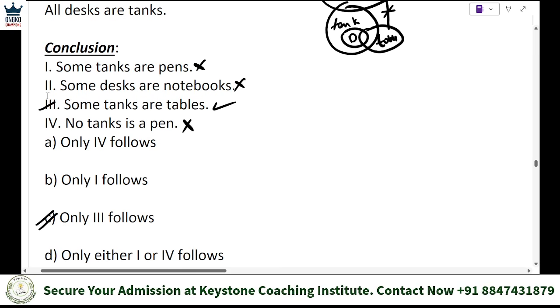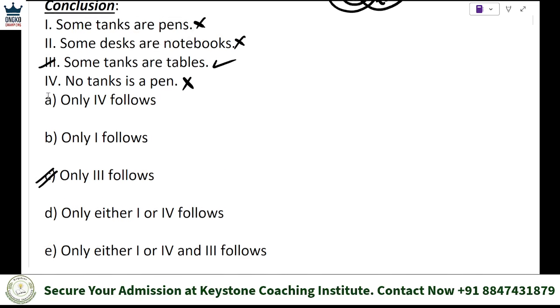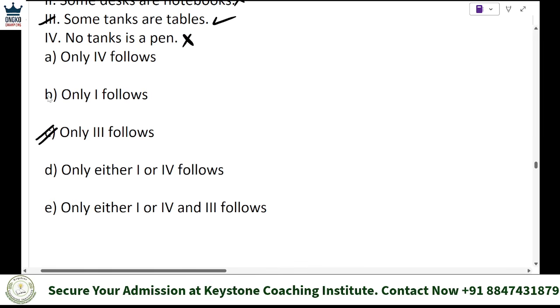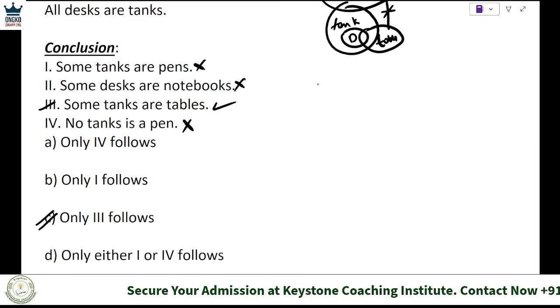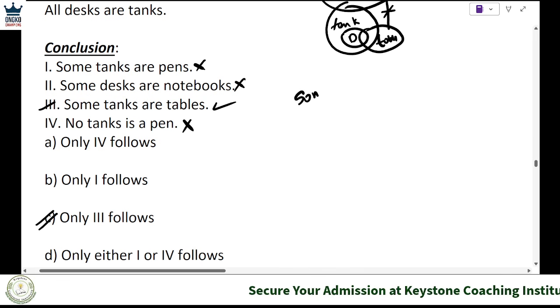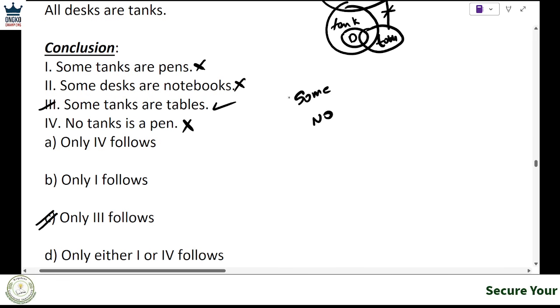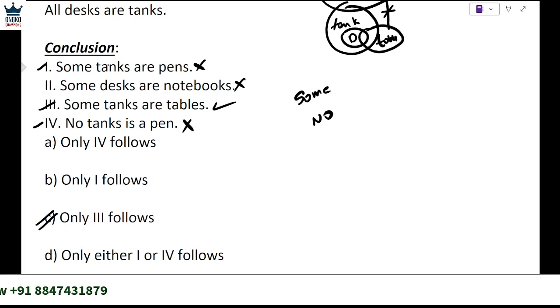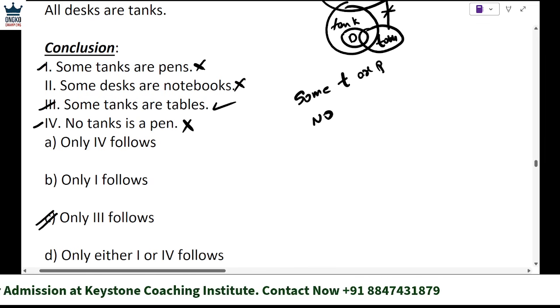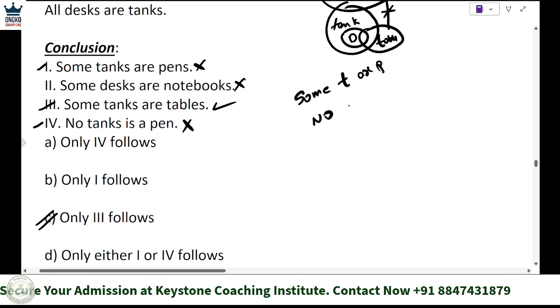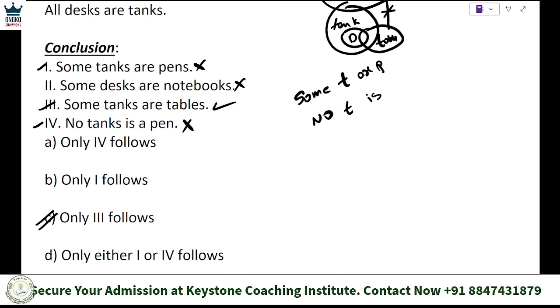Okay, but we need to be very careful also. There is an either-or case here, so we need to check it. If we check conclusion 1 and conclusion 4: some tank are pen, and no tank is pen.